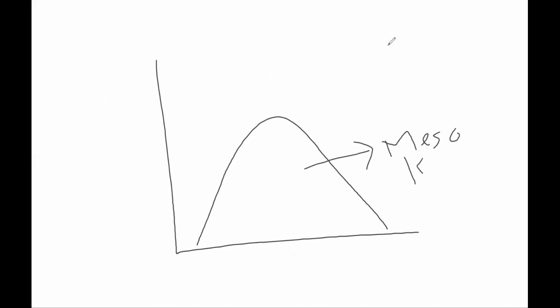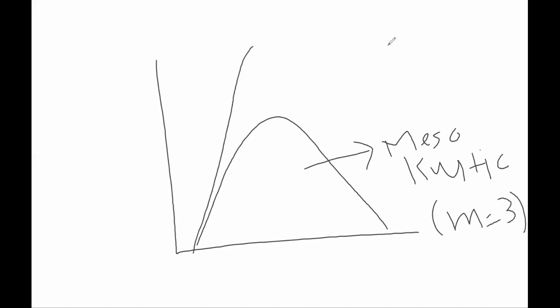Like if our curve is like this, it is called a mesokurtic distribution, which will have the moment equal to 3. If it becomes larger at the top, we will call it leptokurtic.